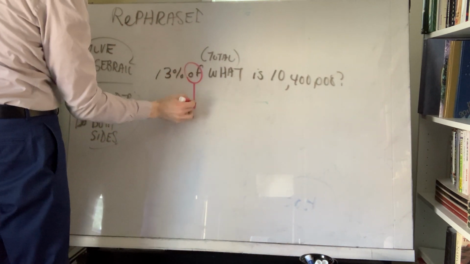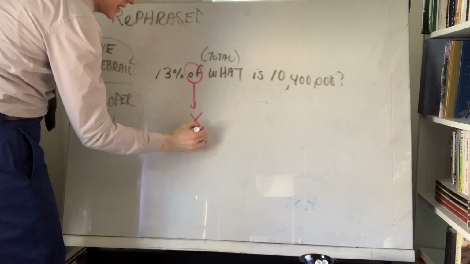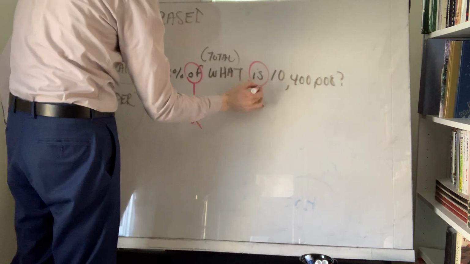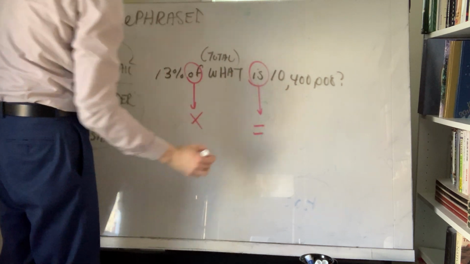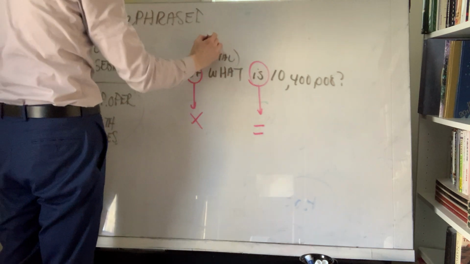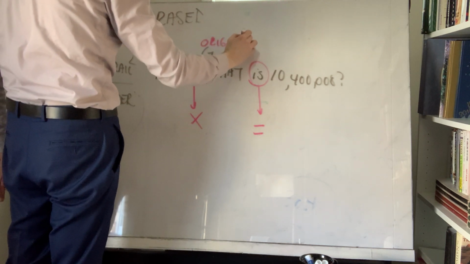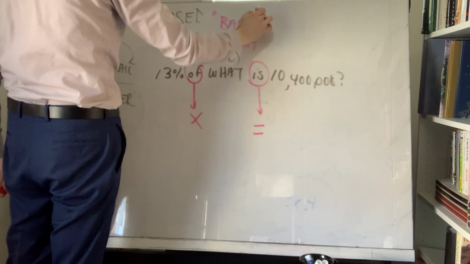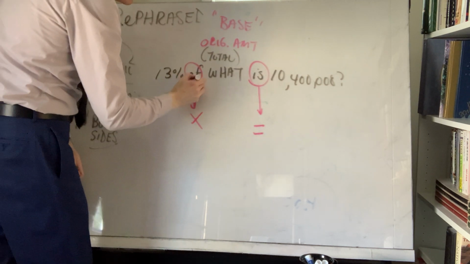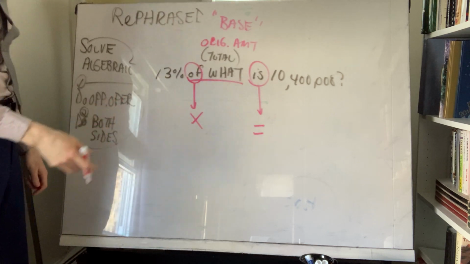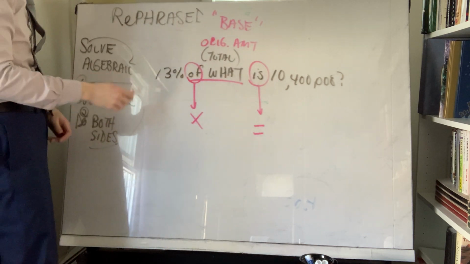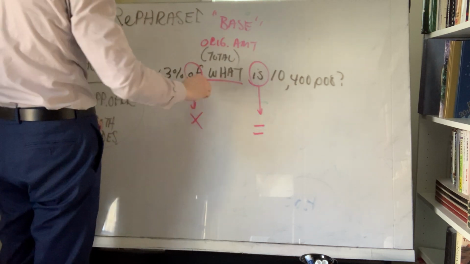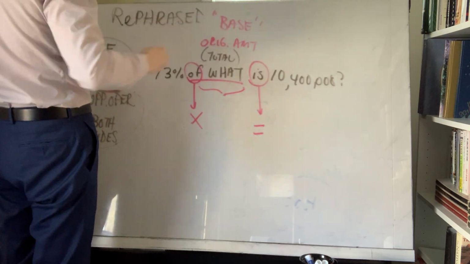Of is what operation, at least to start with? Multiplication. Is what symbol? Equals. A total is the original amount of something, a base if you want to be technical, and it would be identified by of what. We're rephrasing: 13% of what, the total, whatever you want to call it.